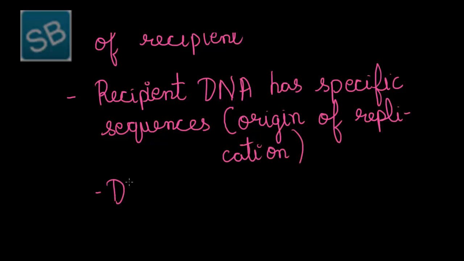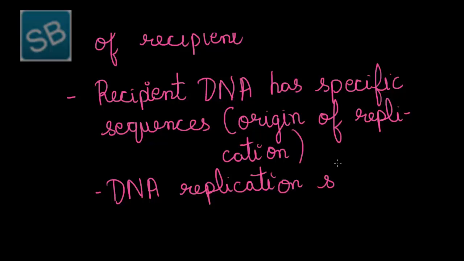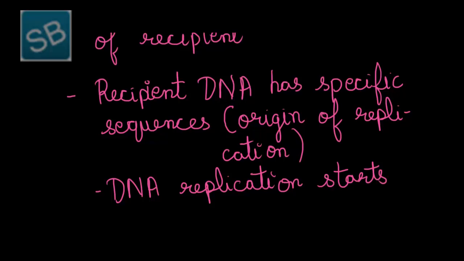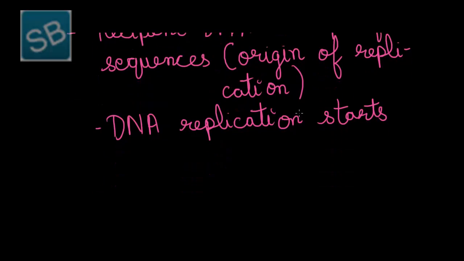Thus, from this origin, DNA replication begins, as a result of which the integrated DNA fragment replicates and multiplies itself in the recipient cell. Such a method of genetic engineering in which the replication of DNA occurs within the recipient cell is known as cloning.